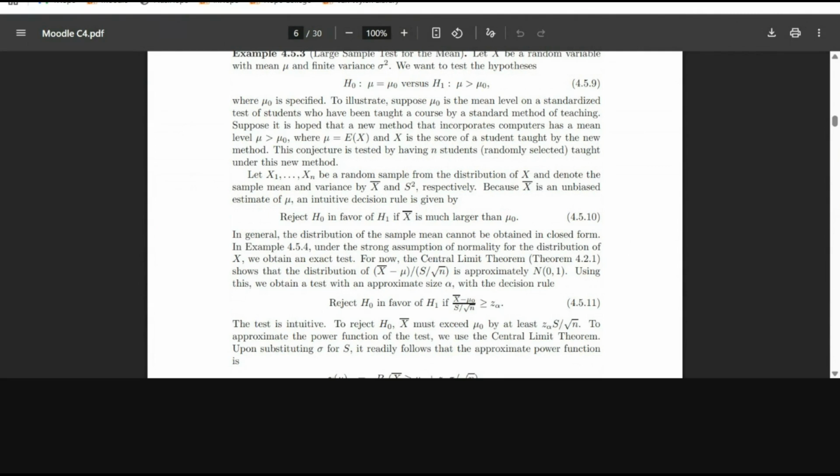So the probability is something between, isn't it? So the type of error is high when that is the truth.